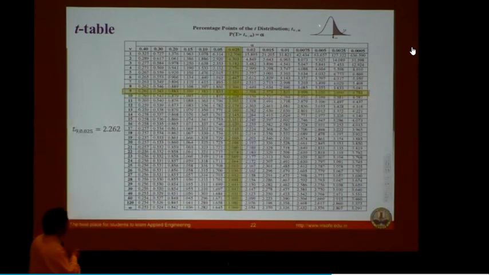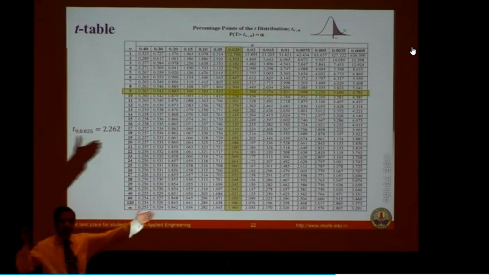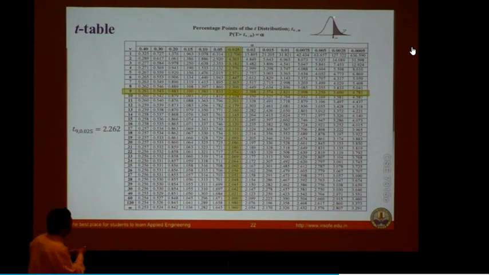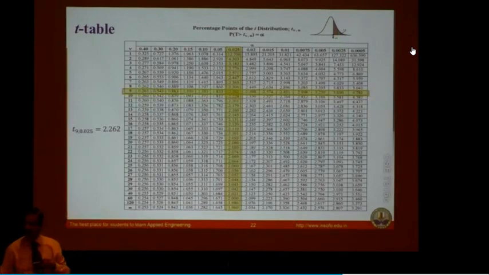Accept. Yeah, accept it. It's not in the critical region. The critical region is too far away from the normal variation. Normal variation is somewhere closer to the mean, 95% area around the mean. So you accept the null hypothesis.